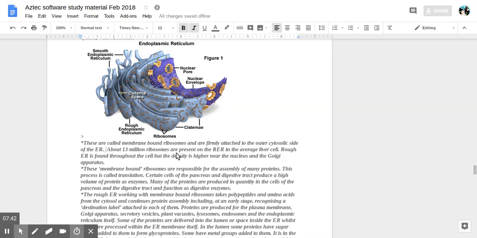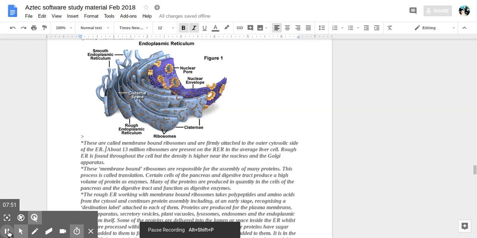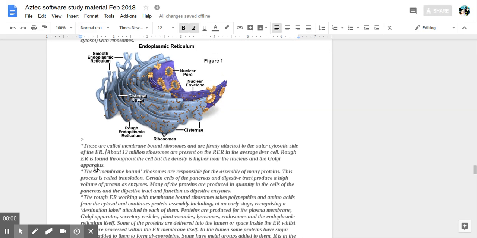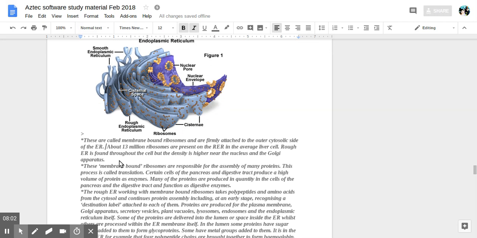Rough ER is found throughout the cell, but the density is higher near the nucleus and the Golgi apparatus. We'll learn about the Golgi in a bit. This is where molecules are getting ready to be exported from the cell itself.